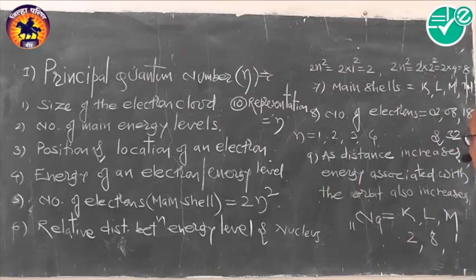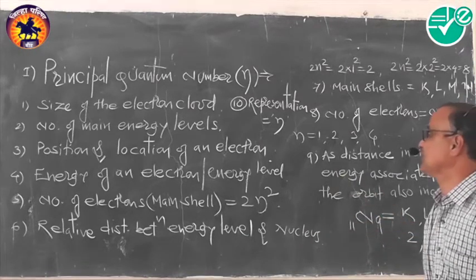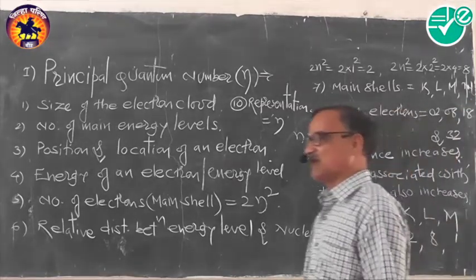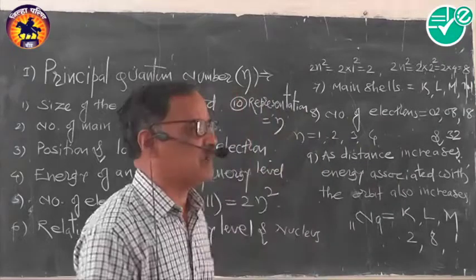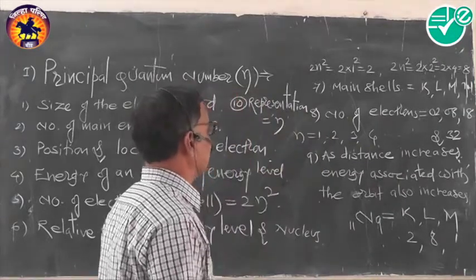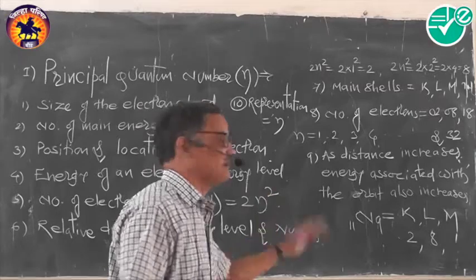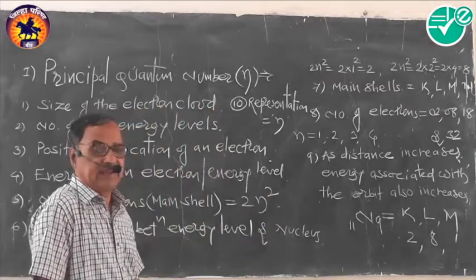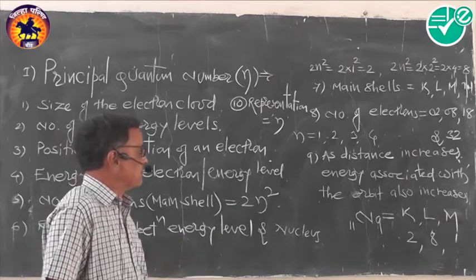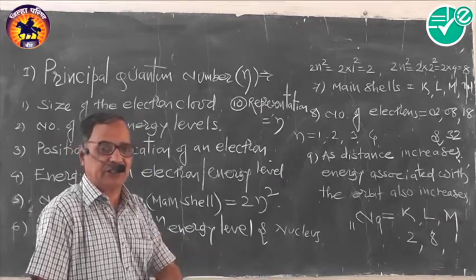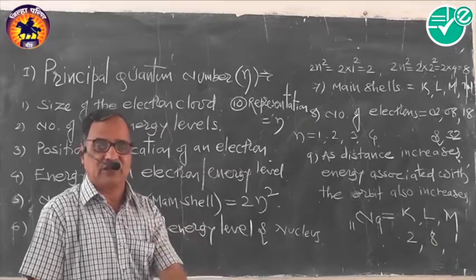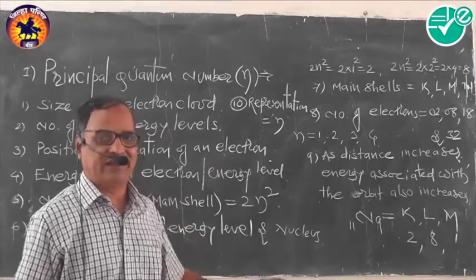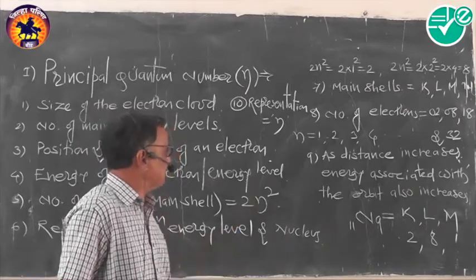This is the sixth one. The principal quantum number is denoted by a small letter n. It gives the number of main energy levels present around the nucleus of an atom, called K, L, M and N respectively. The maximum intake capacity to accommodate electrons in the main energy levels is 2, 8, 18 and 32 respectively.